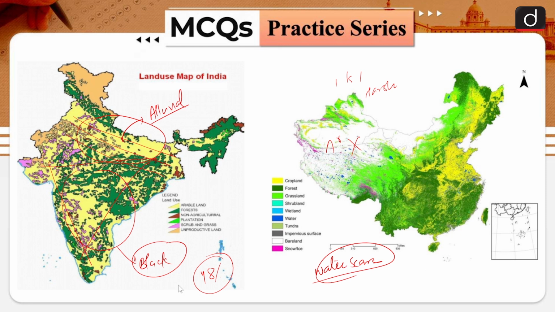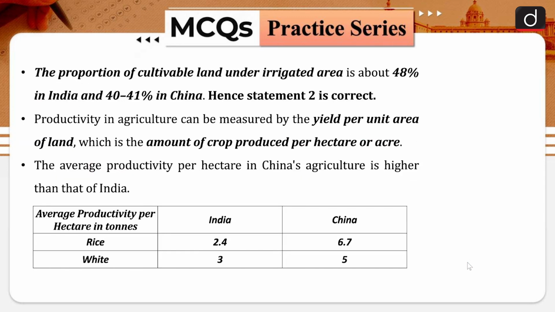If we consider India, nearly 48% is area under agriculture, and China is nearly 40 to 42%. So in that aspect also India is better. The proportion of cultivable land under irrigation is nearly 48% in India, and 40 to 41% in China.